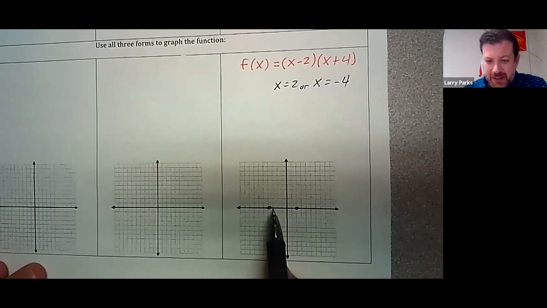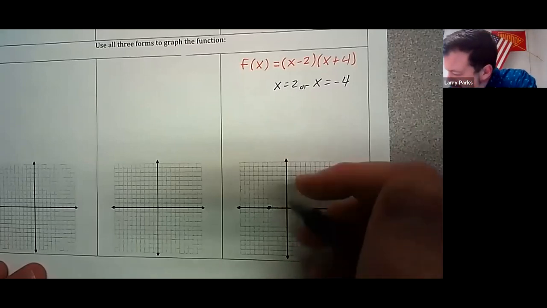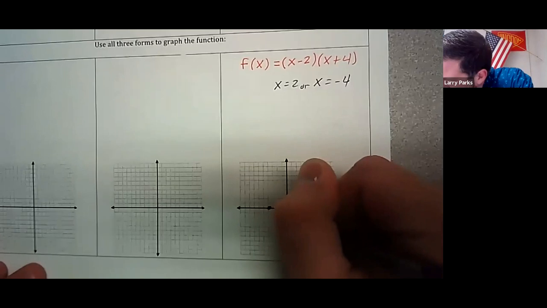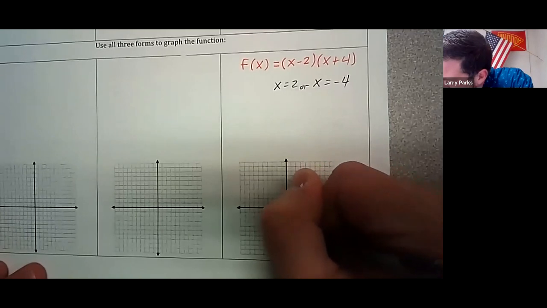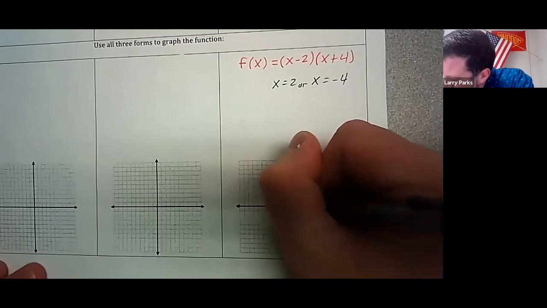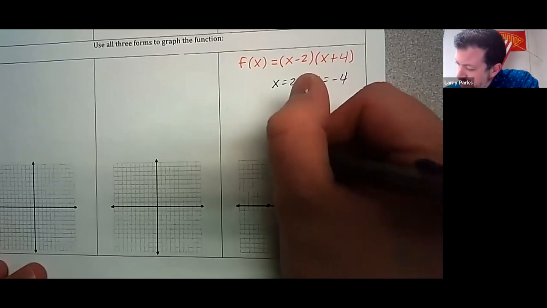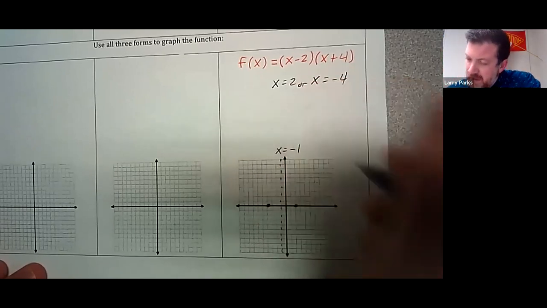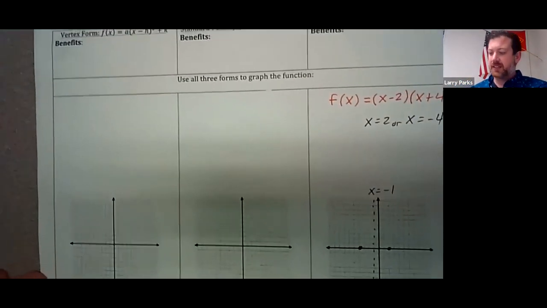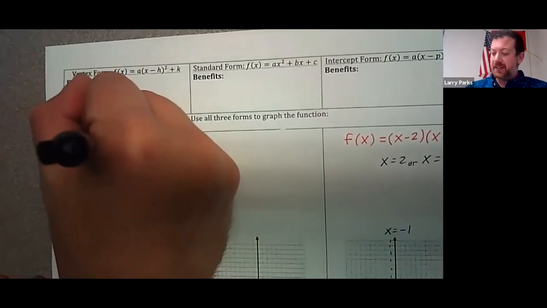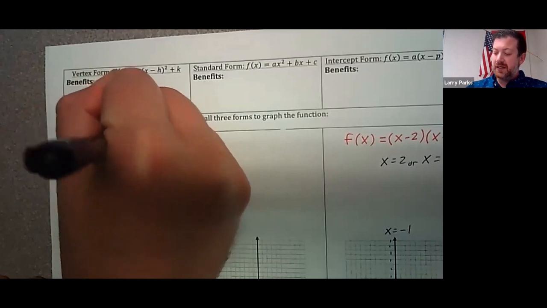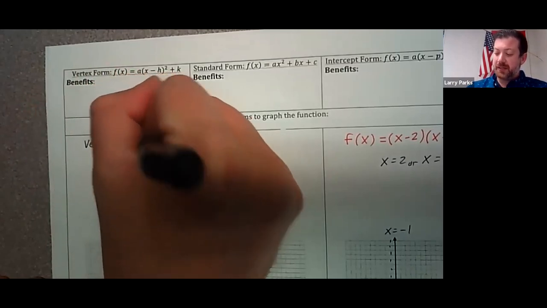So I know my axis of symmetry is going to be 6 divided by 2, 3 over. So 1, 2, 3 over at -1. I also know my vertex because I'm going to need it. My vertex will be -1 something.